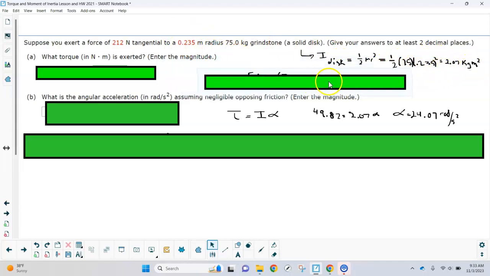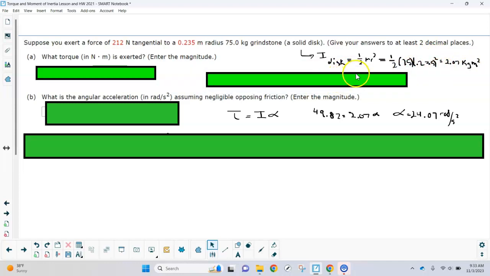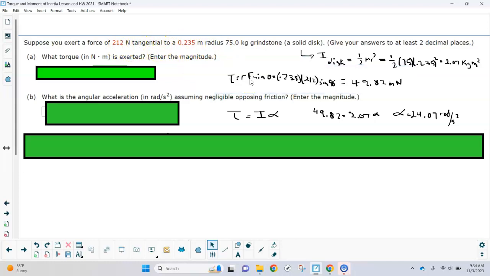And we're going to solve for the torque again. So torque would be the force times the lever arm times the sine, and it says tangential again, so that's fine. So R F sine theta, that's a theta there, even though it looks like a 0, that's supposed to be a theta. And so it would be sine of 90.